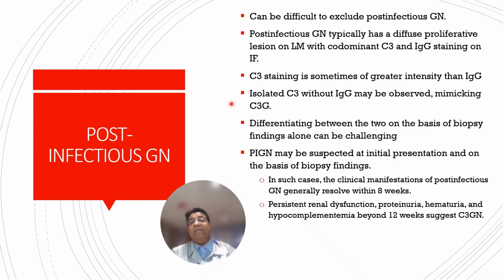Isolated C3 without IgG may also be observed, mimicking C3 glomerulopathy. So how do you differentiate between the two? On the basis of biopsy alone, it can be very challenging. But post-infectious glomerulonephritis should be suspected on initial presentation if there is an infectious etiology which seems to correlate.